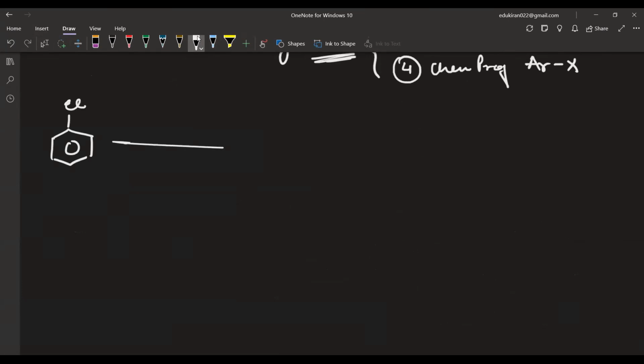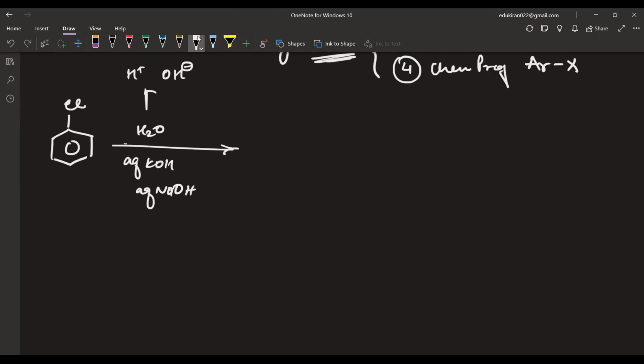So hydrolysis means you will add water here. Adding water means you're adding H plus and OH negative ions. Now instead of water, you can use aqueous KOH and aqueous NaOH also. It means the same thing.